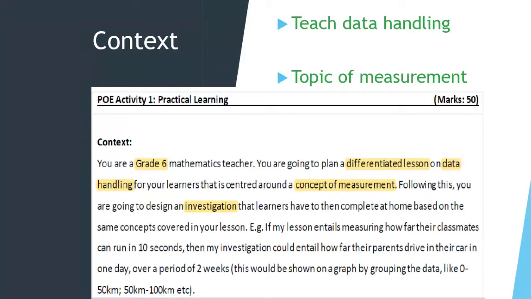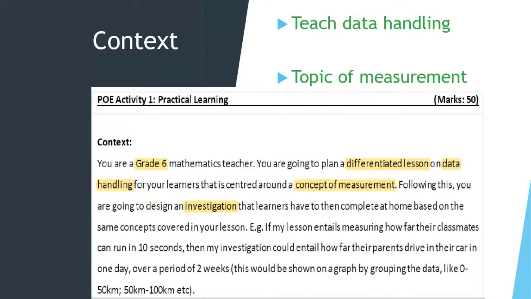So, like in the example here on the PoE document, they have used the topic of measurement, the length. That is the topic that they used. And then they teach data handling, in other words, grouping data and representing data in a graph.